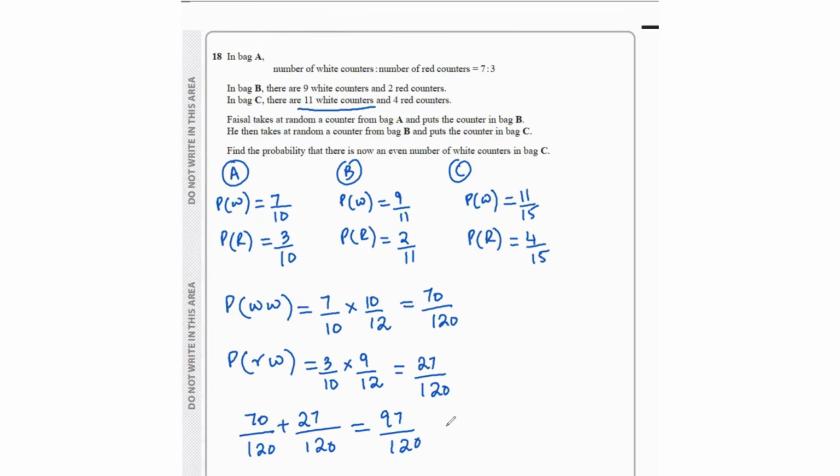Now we've put that white counter in bag B, so bag B has a total of 12 counters now, and the probability changes to 10 out of 12 for bag B. Then for the second case, we're taking a red counter from bag A, that's 3 out of 10, and putting it into bag B. So bag B has 12 counters now, and the probability of white counters would be 9 out of 12. Once you find these probabilities, we add them up and that gives us 97 over 120. That is your answer.